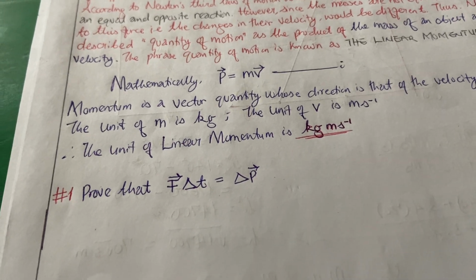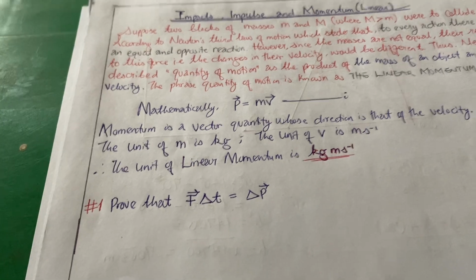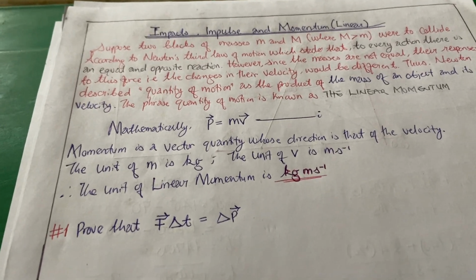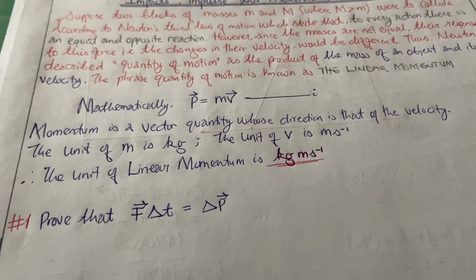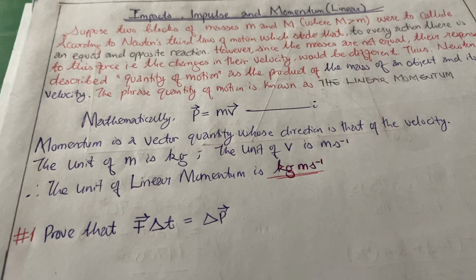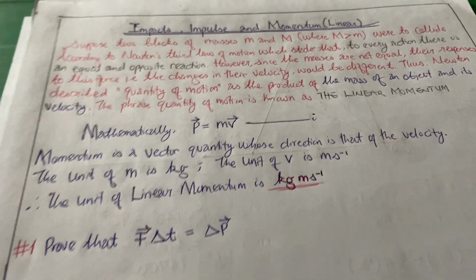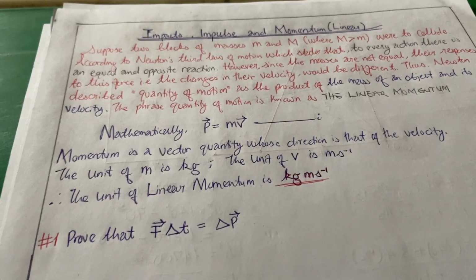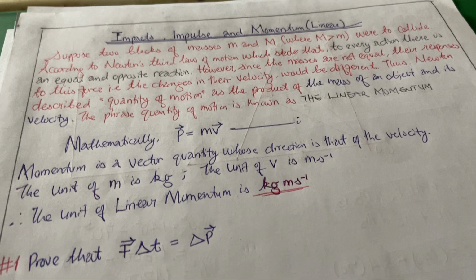Now, Newton describes the quantity of motion as the product of the mass of the object and its velocity. So you see, this quantity of motion is actually called the linear momentum. Mathematically, we represent linear momentum with letter P, and note that it's a vector quantity: mass times velocity.